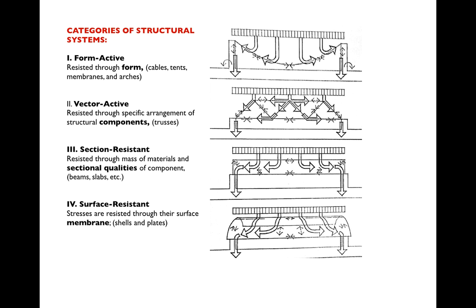Vector-active structures lead us to section-resistant structures or solid elements, beams, girders, joists, where we're again reliant on the distribution of cross-sectional area to carry a load. So a flange on top, flange on the bottom, that can each carry compression and tension, and then a web in between that assures us of a fixed geometrical relationship between these two that takes up the shear forces between them.